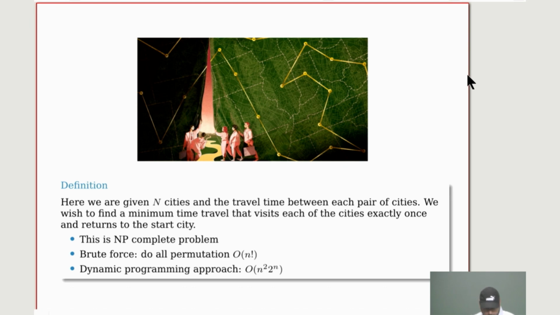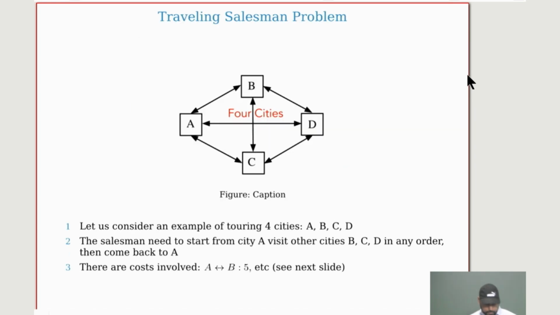It's in the exponential class, so it will grow very rapidly, right? 2 to the 70 or 80 is roughly the number of atoms in the universe. So for n equals 70 cities, your complexity is like 2 to the 80, which is like the number of atoms in the universe. So this is how big things can be, even for this simple looking problem.